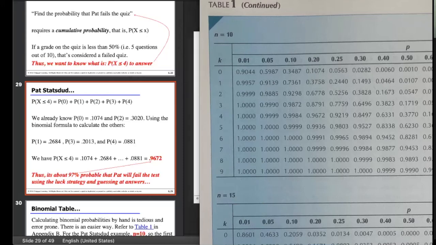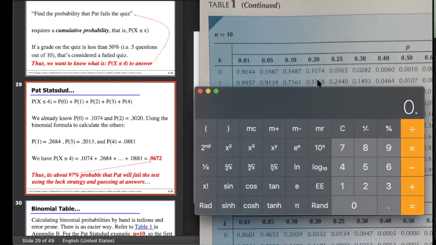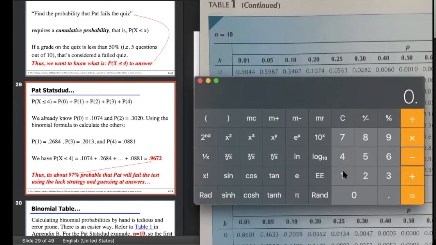Let me do it really quick for you guys. 0.3758 minus this number, 0.1074, and then what we see is it's 26.84%. And that's exactly what we calculated. You see here on the left, P1 equals 0.2684, and that's the number that we get here as well. Is that clear? Thumbs up if it's clear.